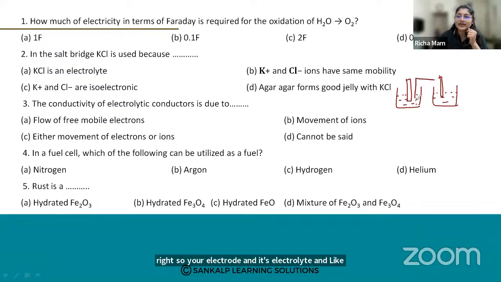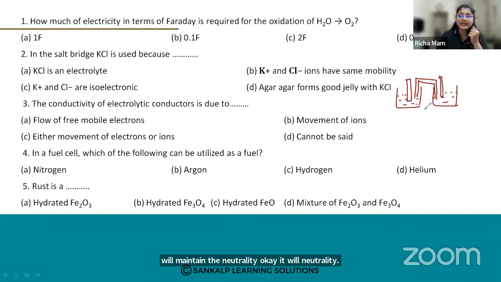By using the salt bridge, the ions get transferred. So the main function of the salt bridge is the transfer of cations and anions in the solution, and it will maintain neutrality.